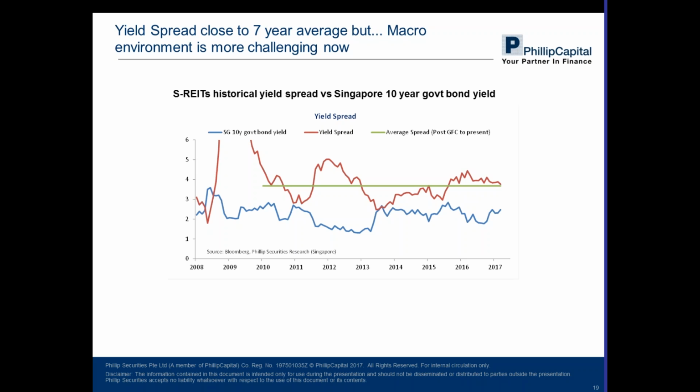So given that our yield spread now is close to the average, I think this is by no means cheap. It's fair value, or we expect the red line to be trading close to this green line or above, which means to say REIT prices should stay around this level or lower.